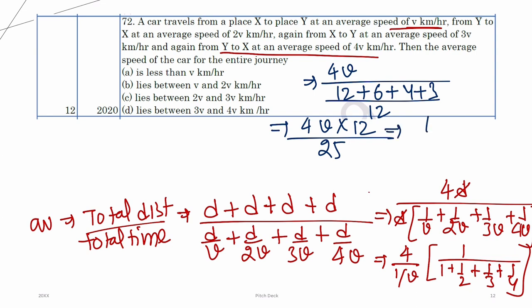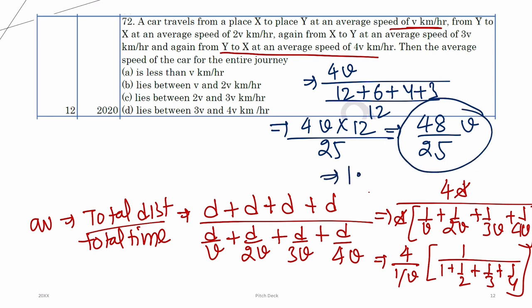So you will get 48 by 25 into v, which is somewhere around 1.8v. I'm not sure, but around 1.8v you will get the answer as average speed.